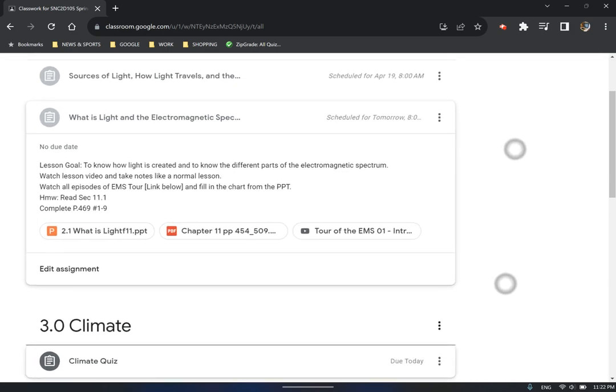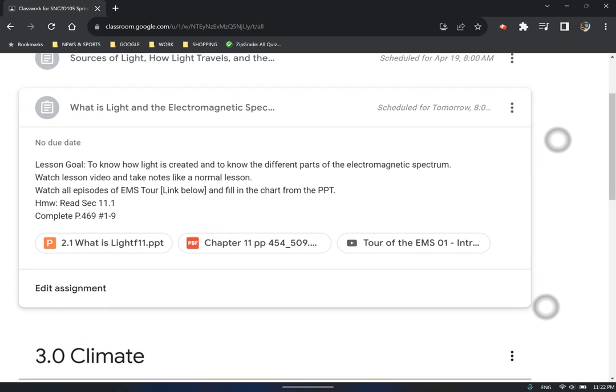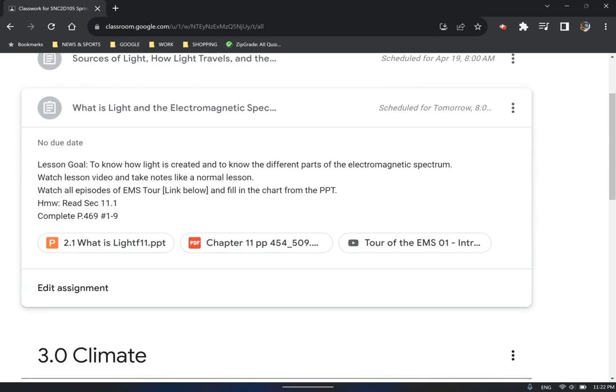And like I said, what I want you to do next is read through section 11.1. It's just the basics of what light is. It talks about the electromagnetic spectrum again. And I want you to try and answer questions 1 to 9 on page 469.